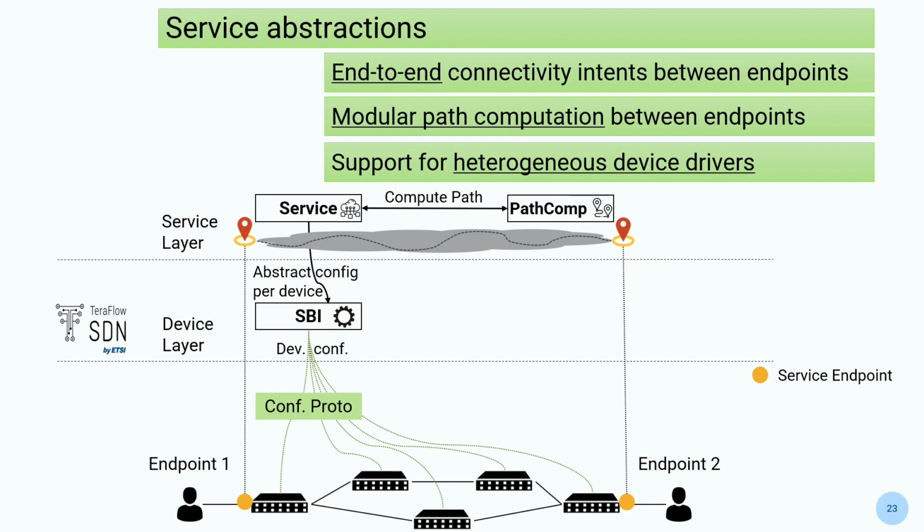So you need this layer to hide the complexity of this A to B path establishment, of this intent-based networking, and yet be able to interact with the SBI and configure each device with a set of desired rules so that you can get your connectivity established in the right way. So this layer appears to be really at a high level from the user side. It offers nice abstractions, but underneath it hides a lot of complexity, especially the way it interacts with the devices.